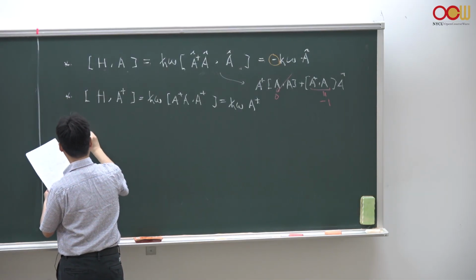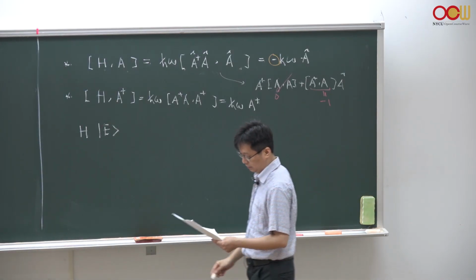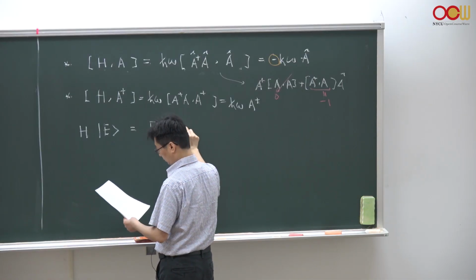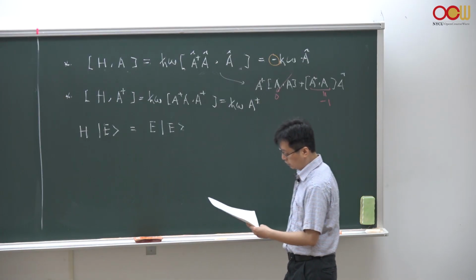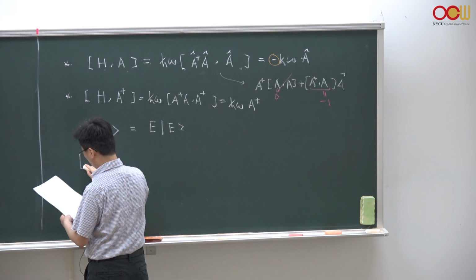Suppose this Dirac state E represents an eigenstate of the Hamiltonian of the harmonic oscillator, and we could check this kind of operation.